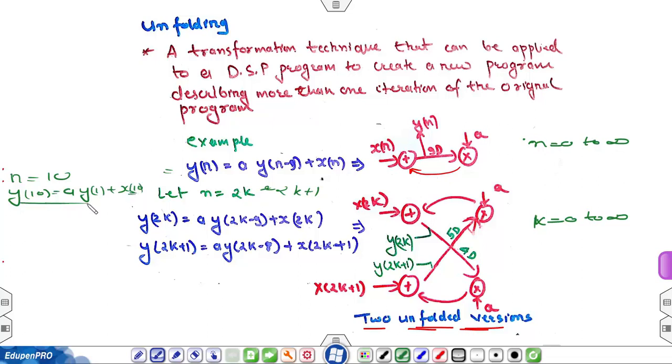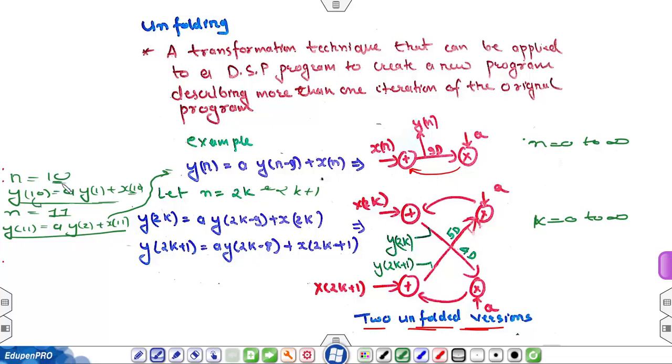So this is describing an iteration for n equal to 10, and for n equal to 11, y[11] is a·y[2] + x[11], and this equation is also describing the iteration next to this one.